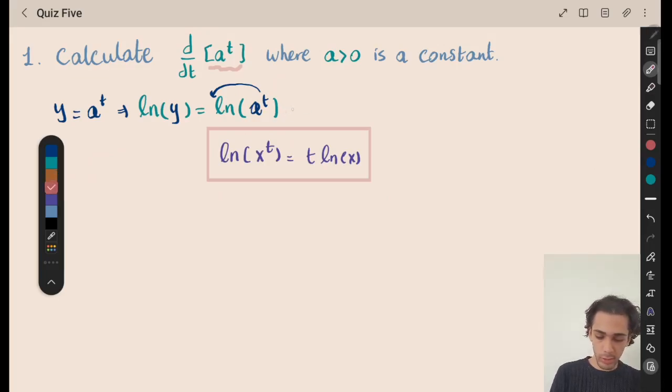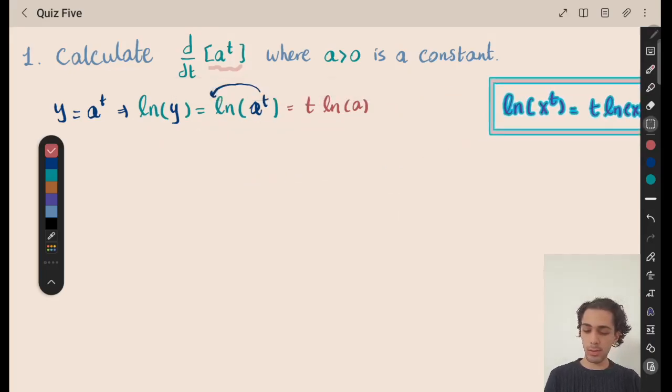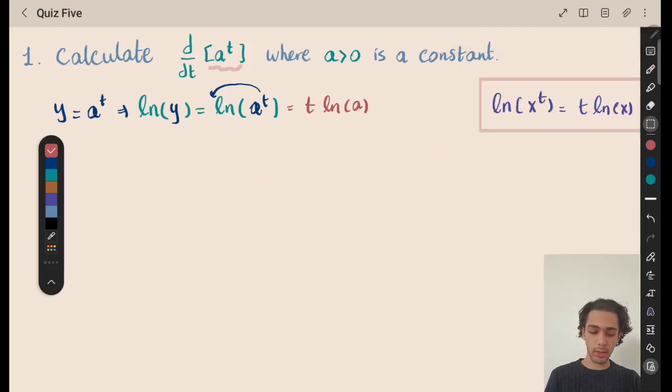So this is precisely what I'm going to do now. I get t times ln of a. And now I have some ideas. Now I can take the derivative of this thing. I'm not sure what's happening there really, but I know what's happening in here. So let us, for example, take the derivative and see what we will get.